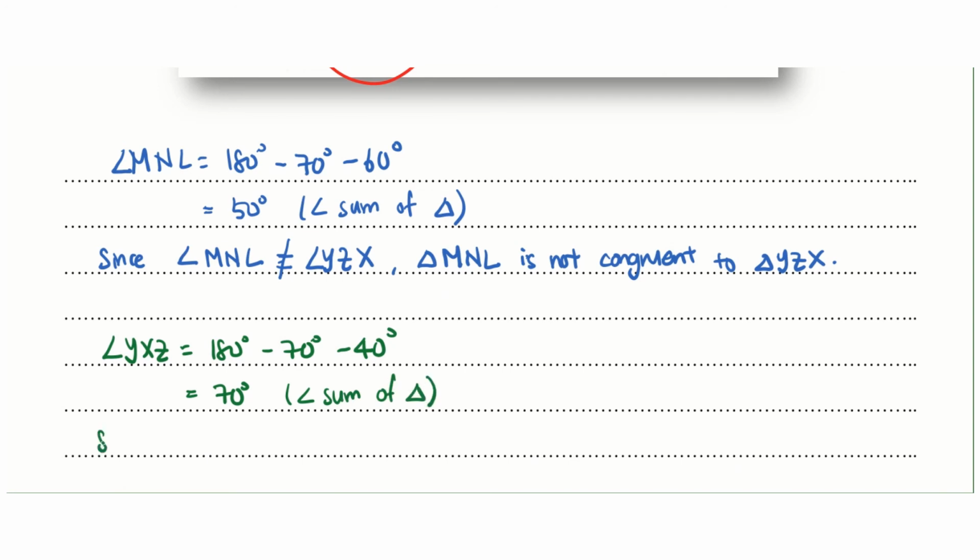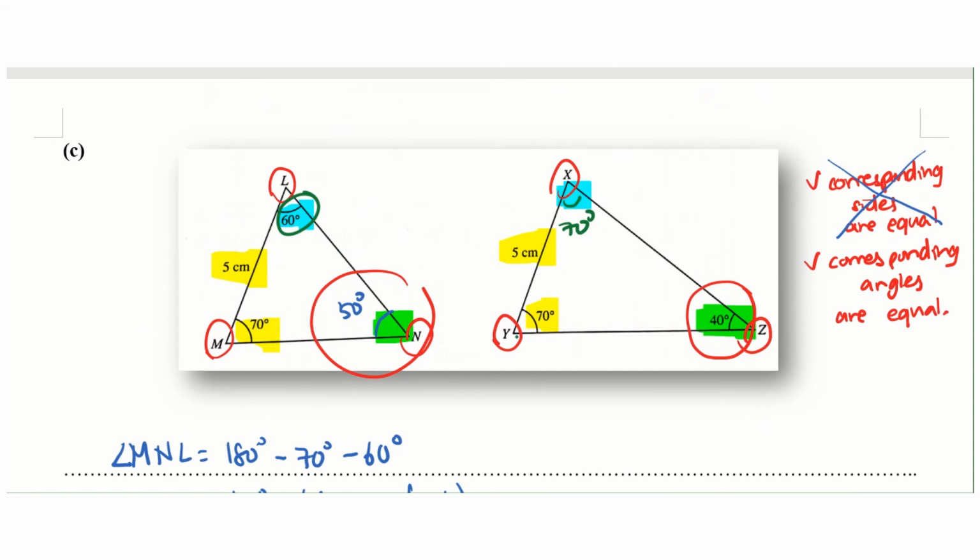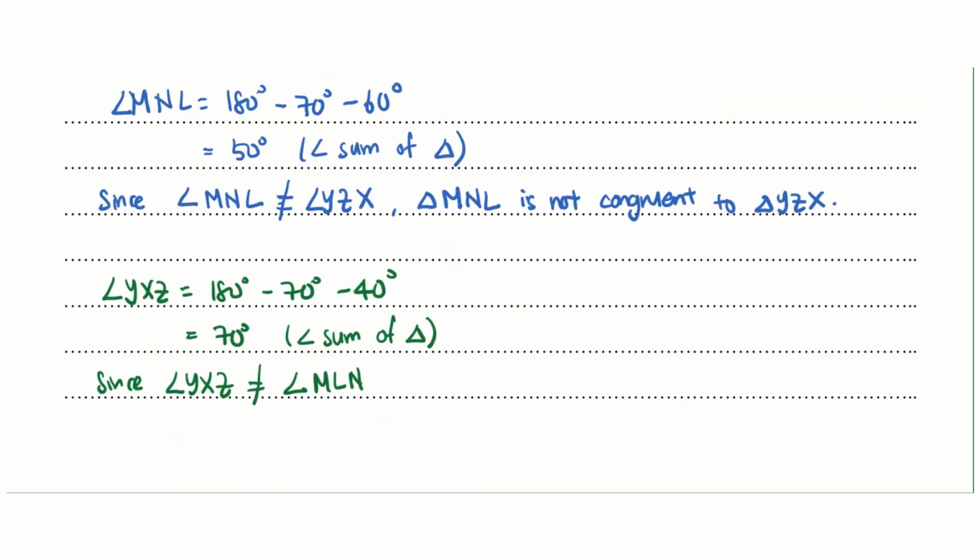So in a similar way of answering this question, since angle YXZ is not equal to angle MLN, we can say that triangle MNL is not congruent to triangle YXZ.